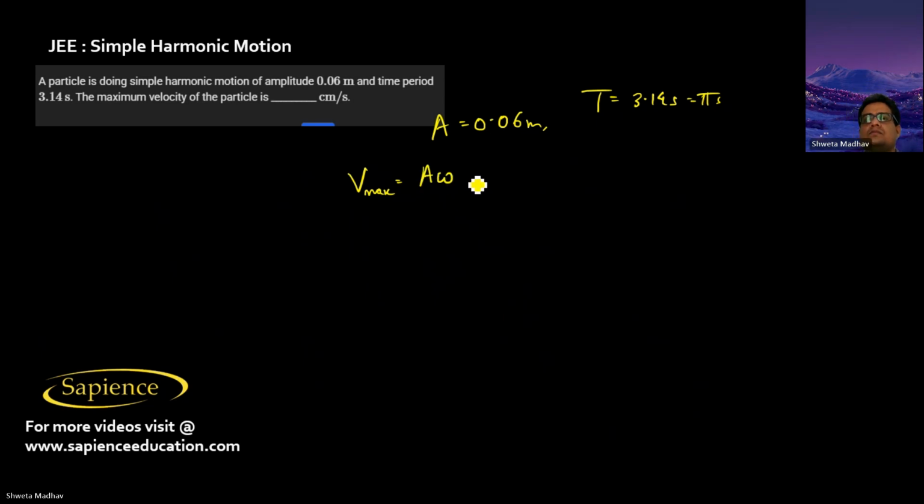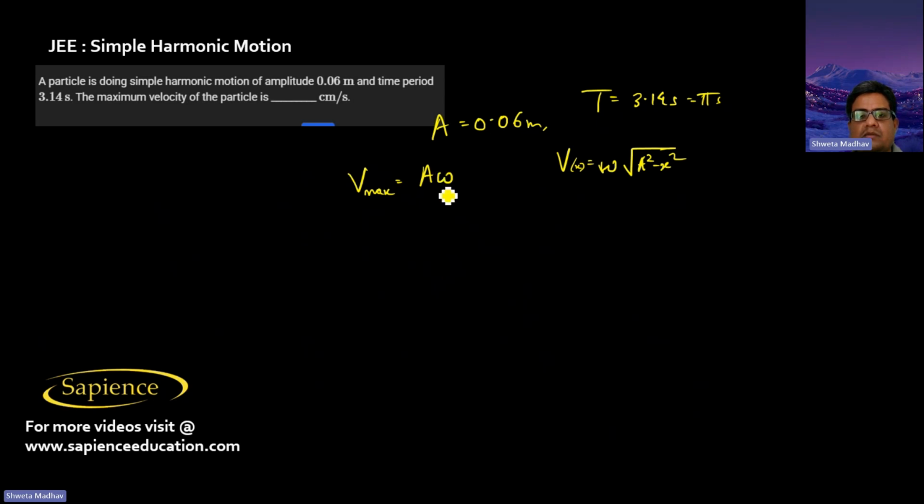And here it is told a particle is doing simple harmonic motion of amplitude 0.06 meter, and time period is 3.14 second, which means it is pi seconds. The maximum velocity of the particle is, so you know that the velocity at any point x is given as omega square root of a square minus x square.